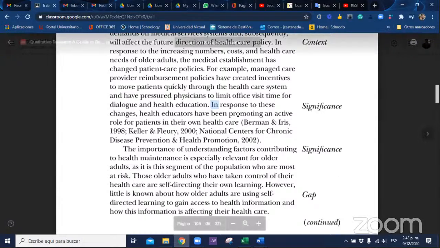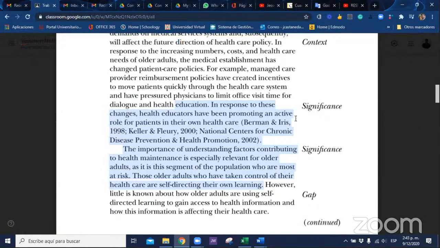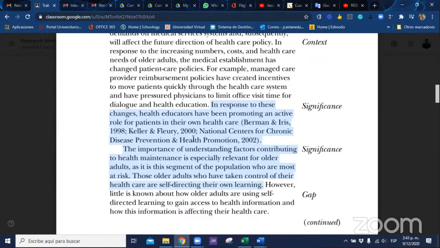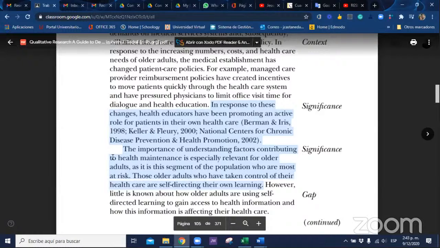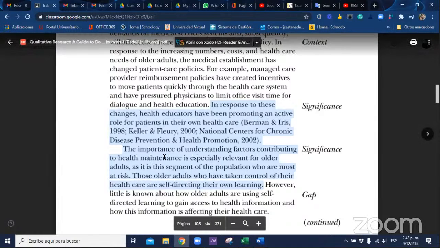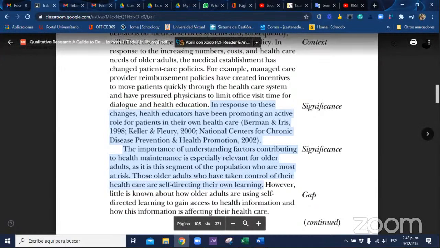So far, we have here the significance. The author is giving reasons. The first reason is from a literature review, if you can see the references here. The second reason, contributing to health maintenance is especially relevant, is a reason from the context.